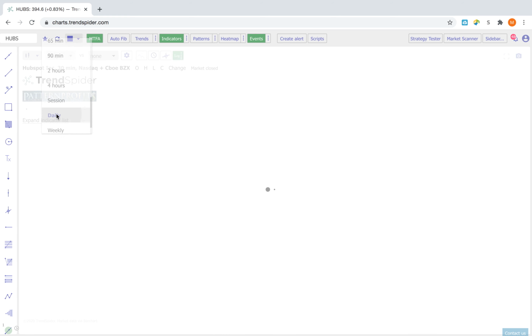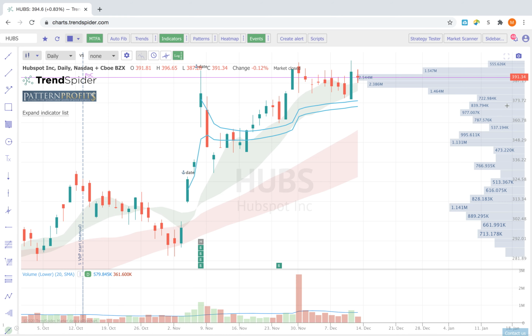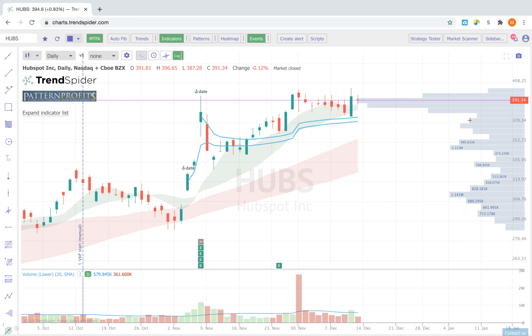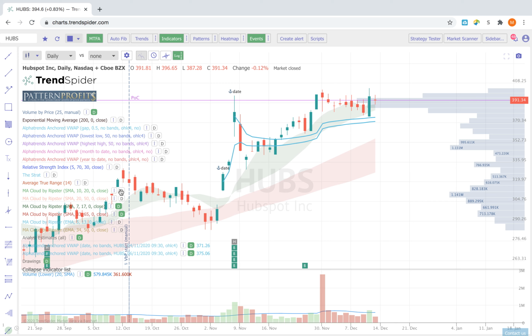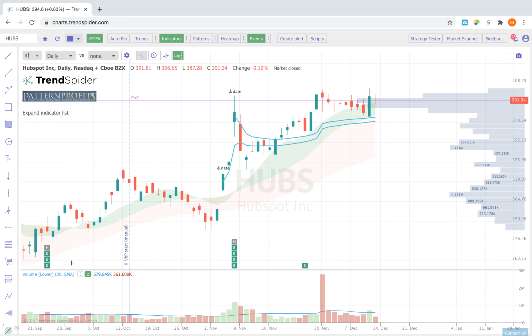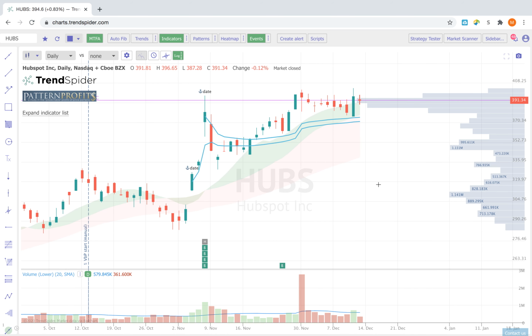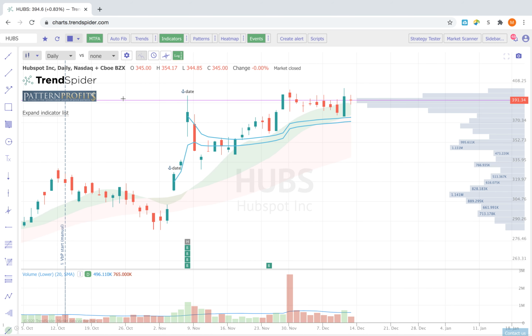If we were to go back to the daily chart, you can see how if that were to play out as we described there, put my other moving averages back on, you could also target a breakout over here.